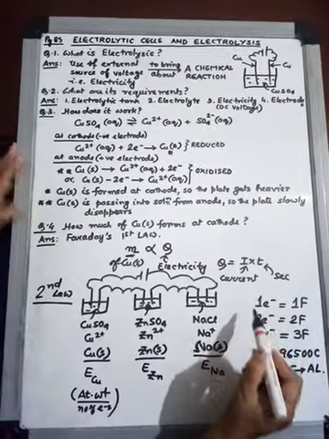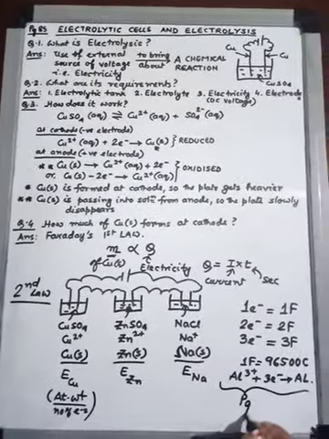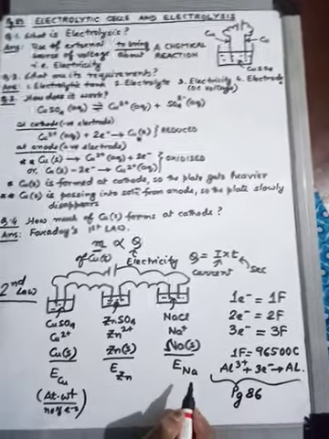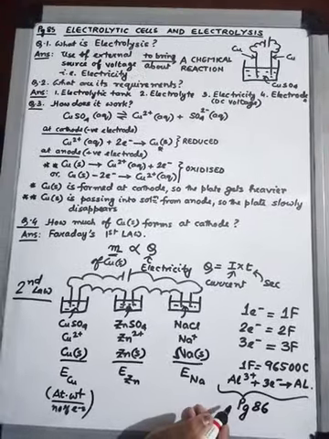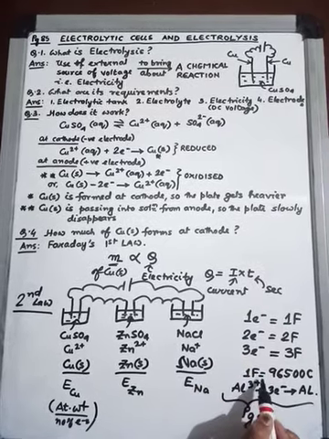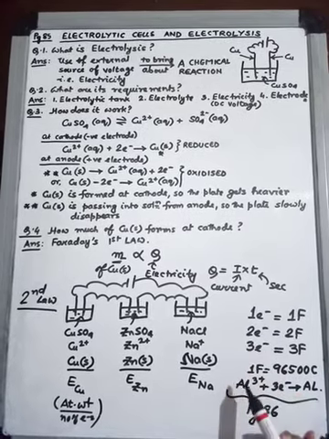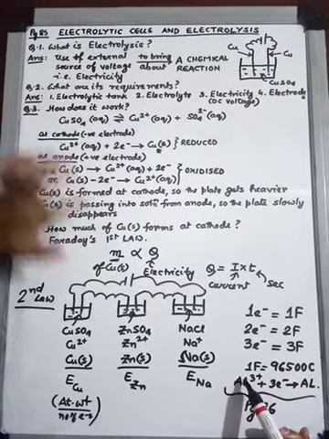So this is the way you will see in page 86, the last portion which I have asked you to mark as important. These type of questions they come. Calculate how many coulombs of charge are required by Al3+ or Cu2+ or Na+.